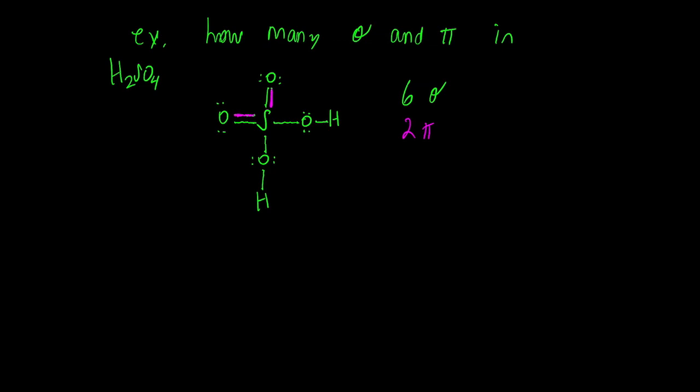How about SO₂? Let's do another one, SO₂. All right, so sulfur has 6 valence electrons. If I can count to 6. Oxygen is also in group 6, has 6 valence electrons. Okay, there's 6 and 6 and 6.